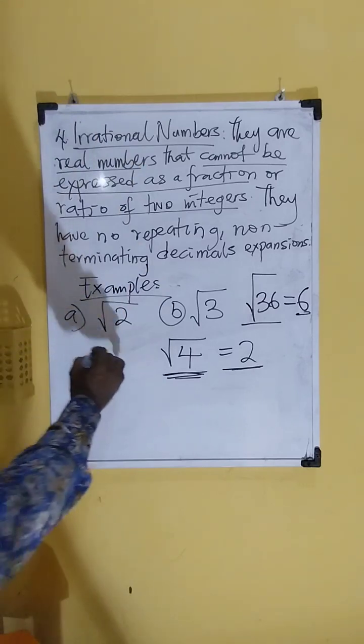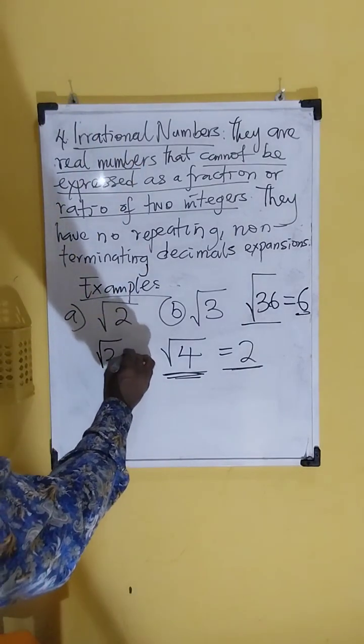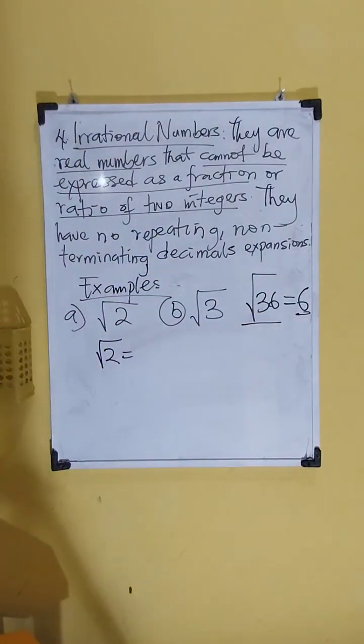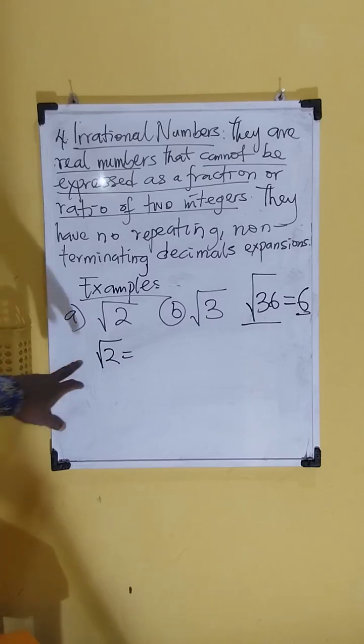So if I find the square root of 2, what is the square root of 2? If you have your calculator there, check it for me, or check it yourself. What's the square root of 2? Square root of 2, not the square.